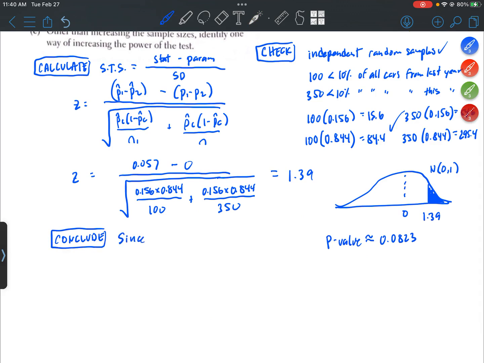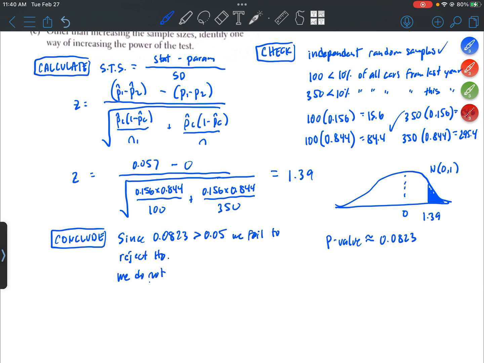All right, since 0.0823 is greater than 0.05, we fail to reject the null hypothesis.